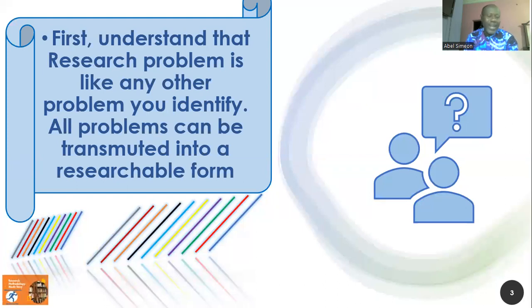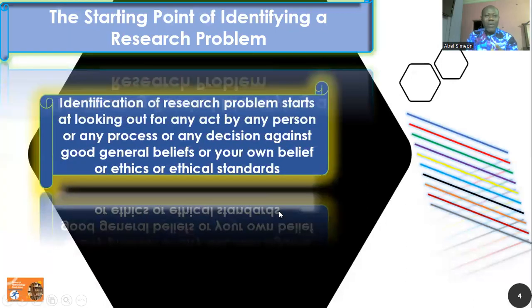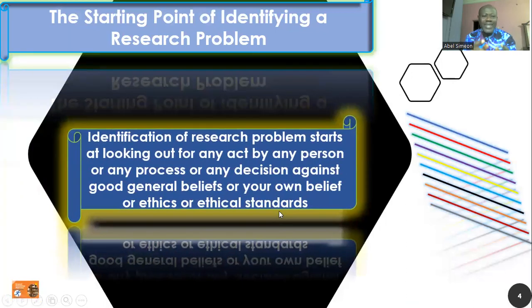Afterwards, you can operationalize it. So know this general principle that all problems are researchable if you can just conceptualize it and you continue from there.